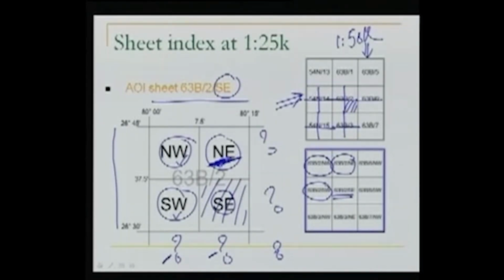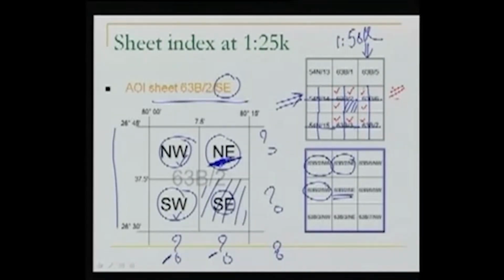So what are the sheets which are adjacent to it? The sheets which are adjacent to this are one here, second, third, fourth, fifth, sixth, seventh, and eighth. So by making use of this sheet index, we can very easily find their numbers.